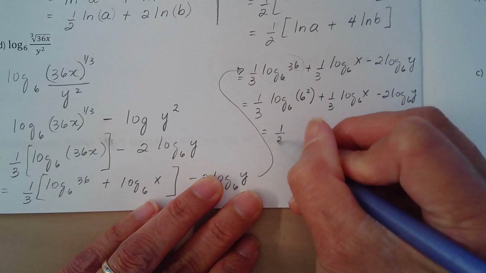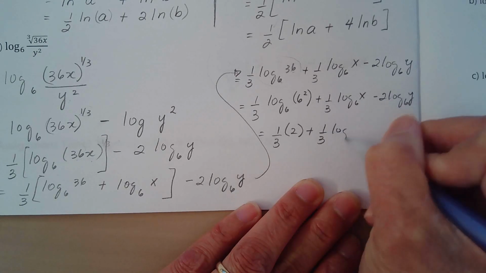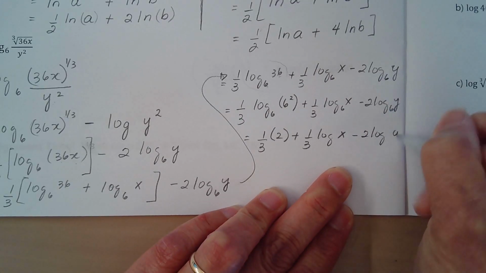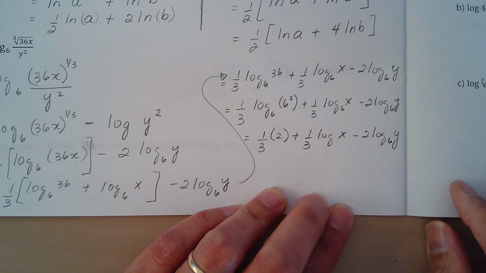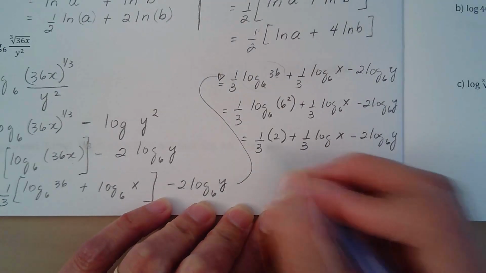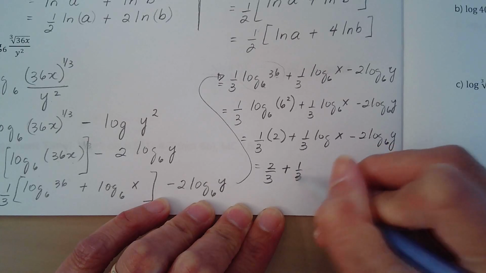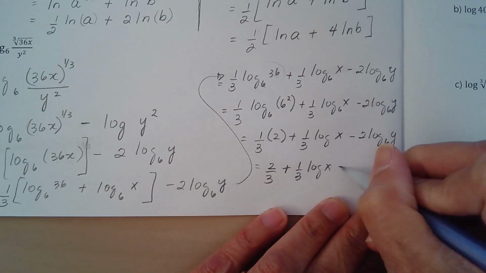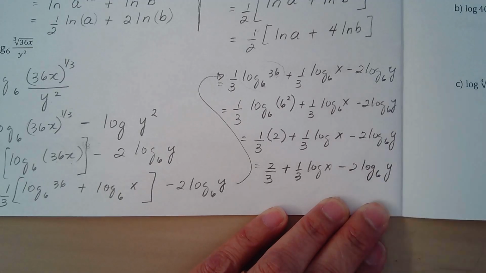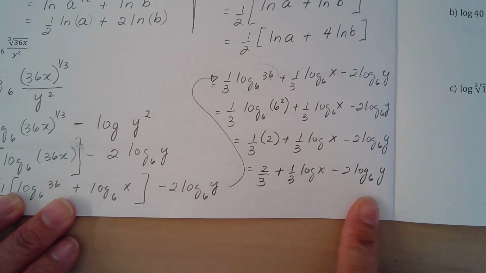So it's going to be 1/3 times 2 plus 1/3 log of x minus 2 log y base 6. And I just multiply that, so that's just 2/3. So to fully expand it.